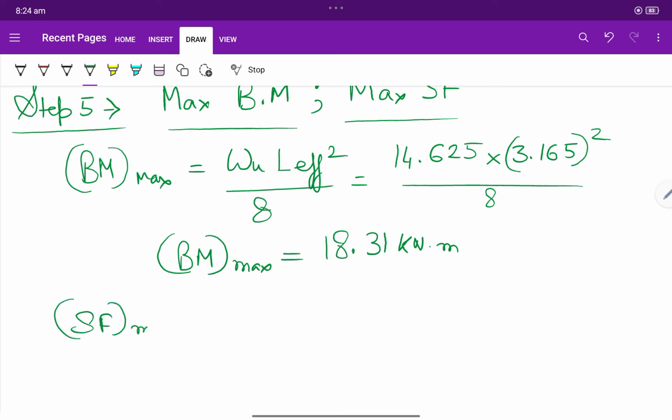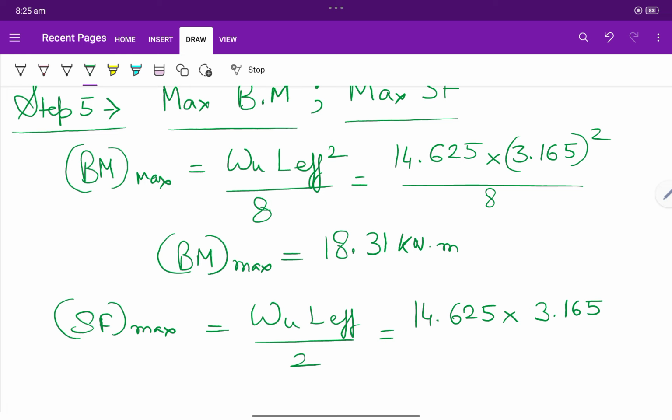Now we have to calculate the maximum shear force. The formula is WL by 2. So it is 14.625 into 3.165 divided by 2.